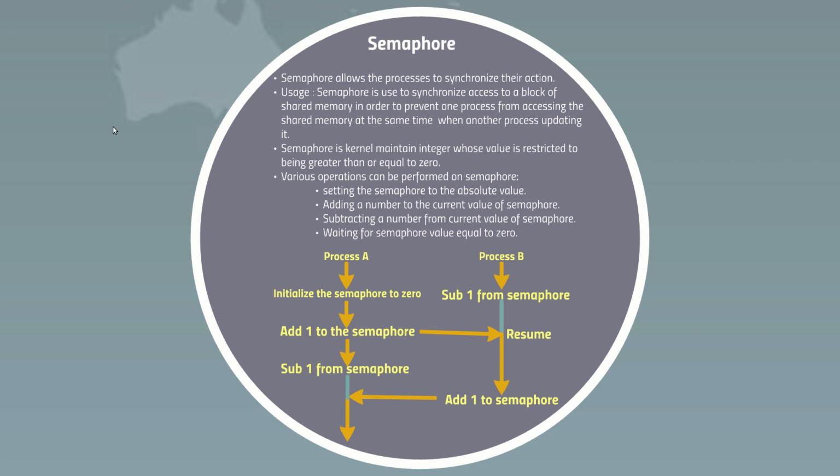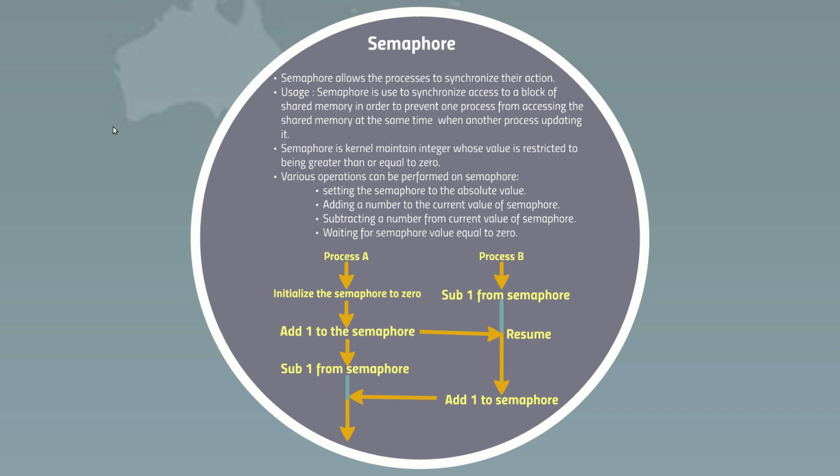The important usage of the semaphore is to synchronize access to a block of shared memory, in order to prevent one process from accessing the shared memory at the same time when another process is updating it. What it means is, if there are two processes communicating with each other, and we have started the first process, the other process has to wait.